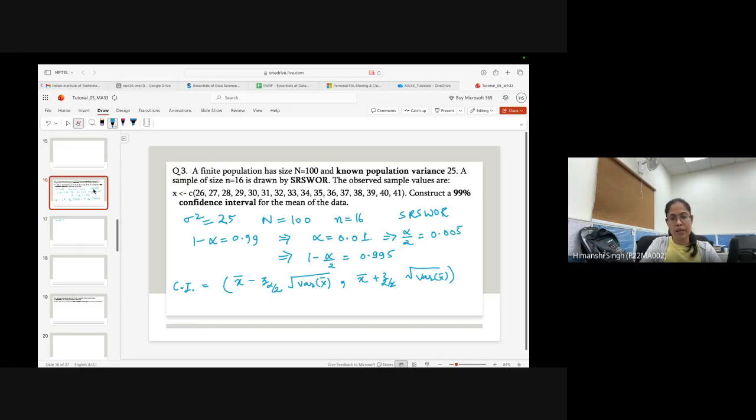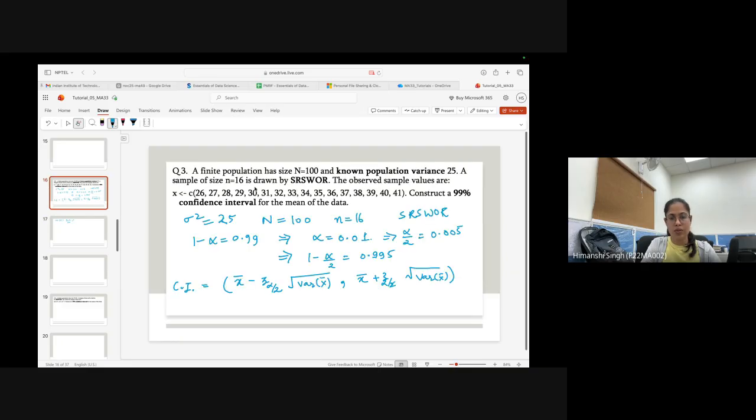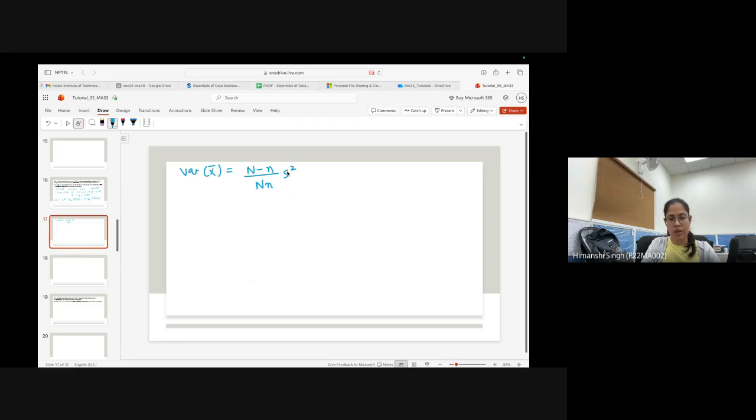For simple random sampling without replacement, what is the variance? It is (N minus n) divided by capital N into n times S square. But S square is not known. We know the value of sigma square, that is 25. We do not know what capital S square is.